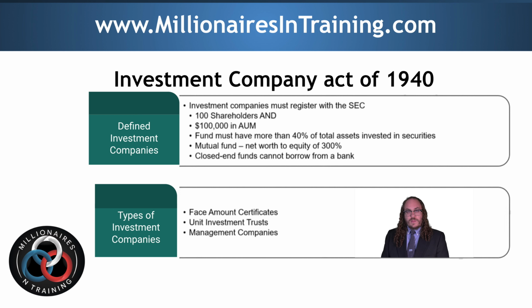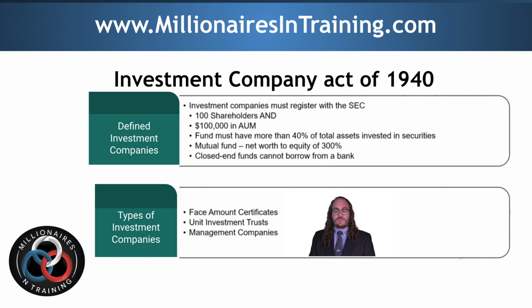For a mutual fund, the net worth to equity has to be 300%. For a closed-end fund, they cannot borrow from a bank. There are three types of investment company products: face amount certificate companies, which are now an obsolete product in the United States, unit investment trust, and management companies.